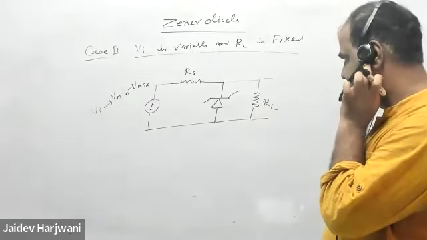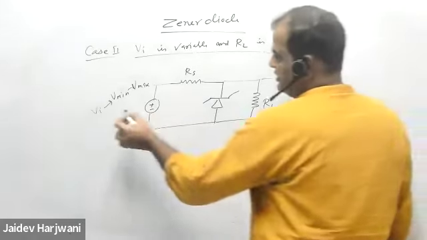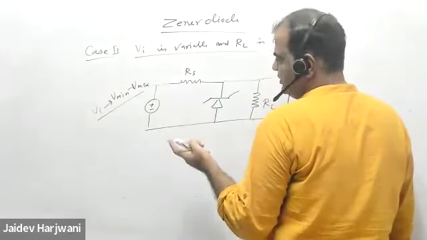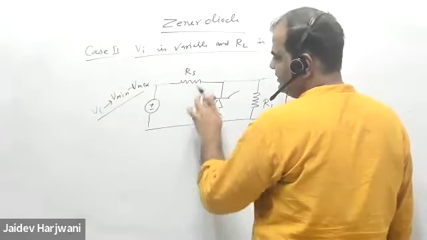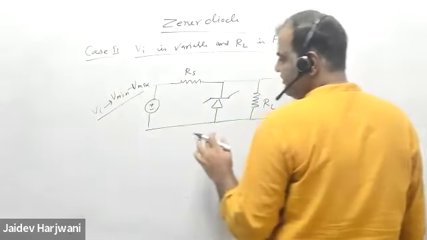Now, if I want the minimum value of V, that we already know. For this to operate there should be a minimum value for given fixed RL. That case we have already done.